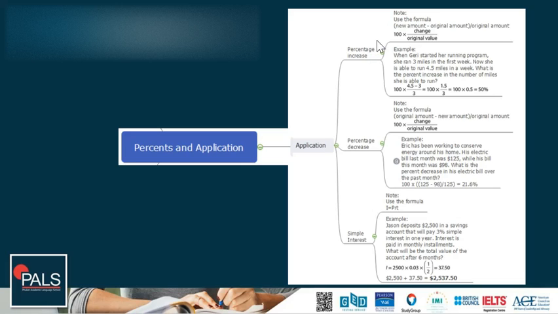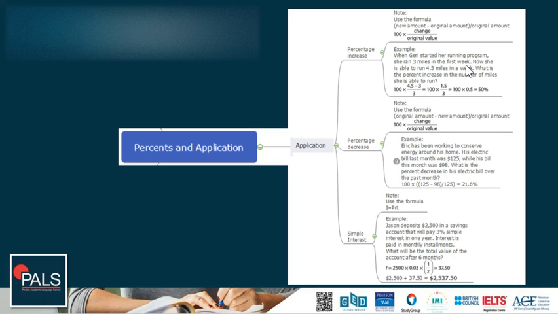To find the percentage increase, all we need to do is follow the formula 100 times change over the original value. The change can be found by subtracting the original amount from the new amount, then the answer divided by the original amount. Look at the example.